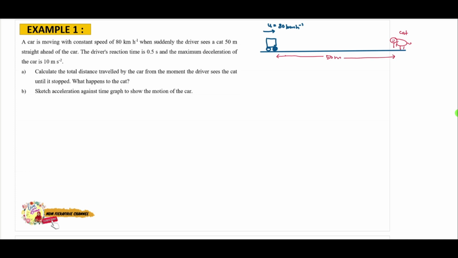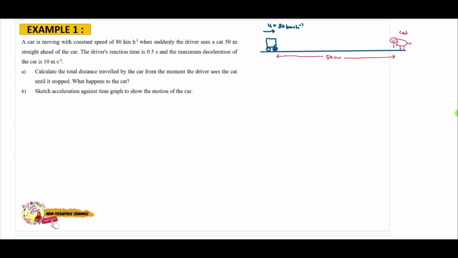And then when the driver sees a cat 50 meter away, he took 0.5 seconds for his reaction. So means that dia nampak cat tu, dia belum lagi tekan brake and he took 0.5 seconds.